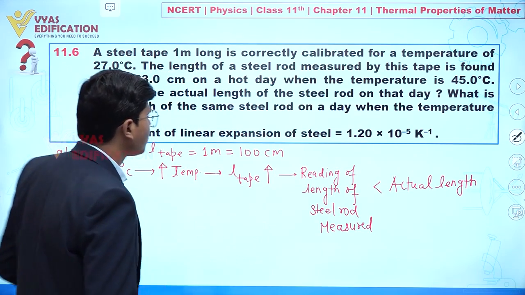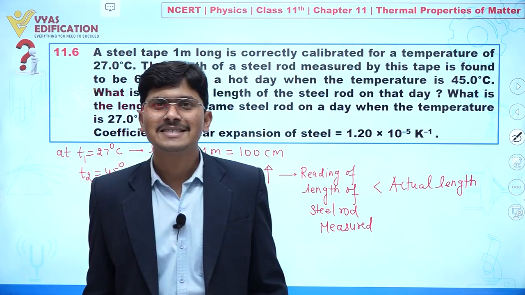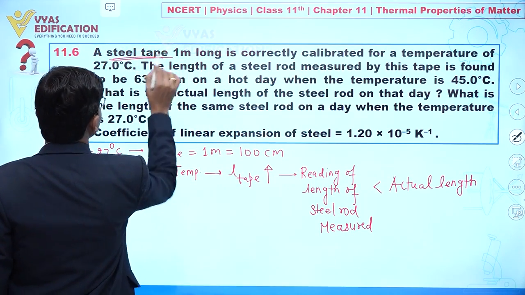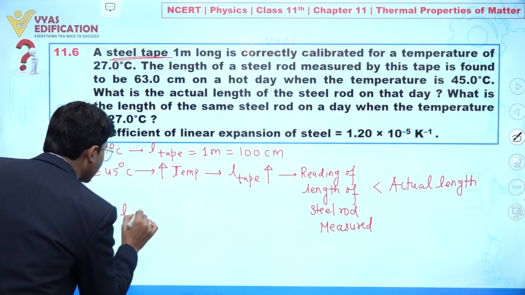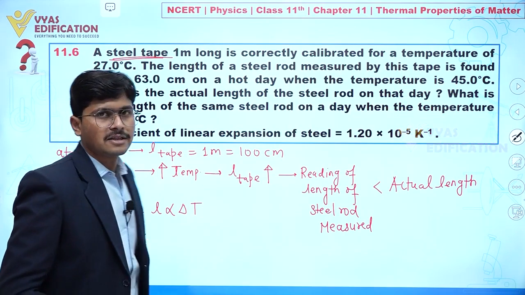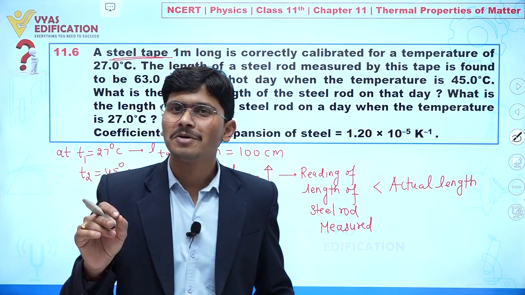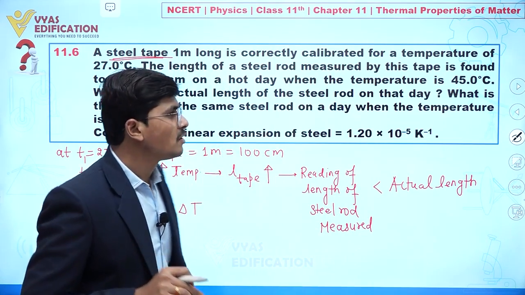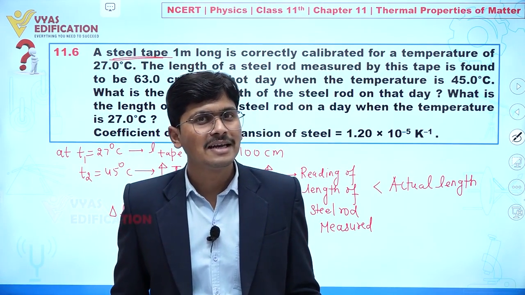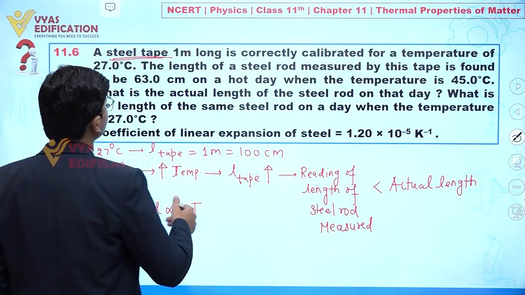Clear to everyone? So now can we find what elongation takes place in the steel tape? First I am talking about elongation in the steel tape. So I can say delta L is given by L alpha delta T. Length is given to you as 1 meter, but I am just talking about 1 centimeter, because if I know the elongation in 1 centimeter, then I can relate it to the total elongation or the actual length of this rod.